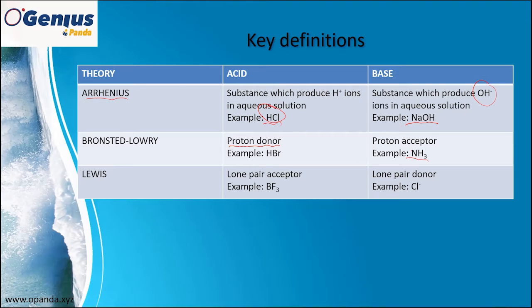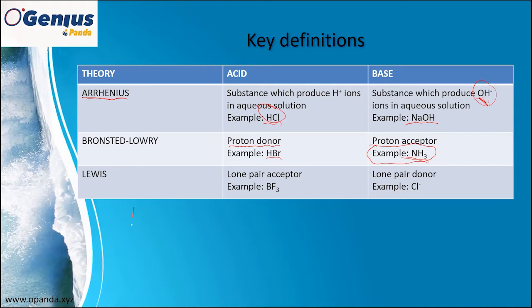Ammonia in the gaseous phase can react with hydrogen bromide, for example, and in the gaseous phase, there is no production of OH- ions. So you can say that the Arrhenius theory excludes this ammonia, which is behaving as a base even though it doesn't give OH- in gaseous phase.